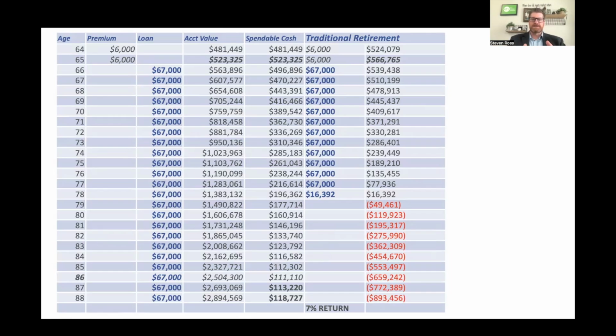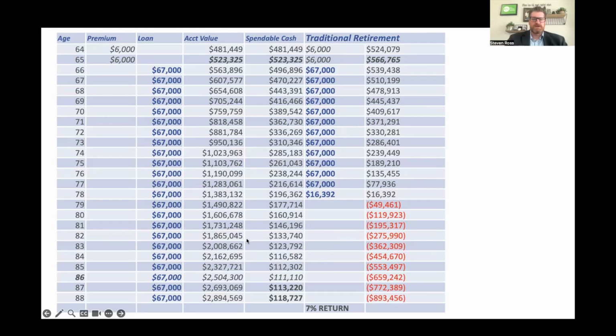So what happens, I pass away, and the 1.6 pays off the 1.5, and the 160 that it's showing here is what is added to your death benefit, and that all passes on to the family income tax-free, right?